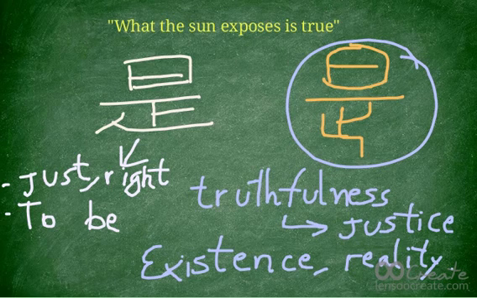And if you remember the phrase, the essence, what the sun exposes is true, you're going to understand what the character is trying to say. So anytime you see that character, whether it be in the language books of Chinese, Japanese, or Korean, that is going to be the essence of the character, and you're going to understand that it has to do with something being right, something being true, something being of existence.